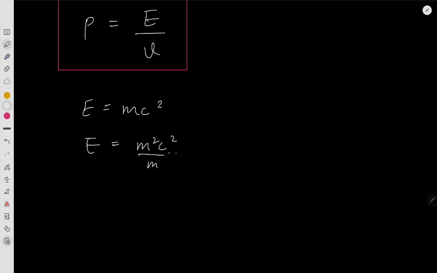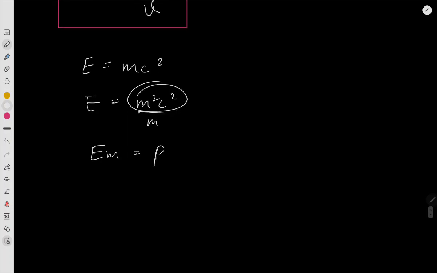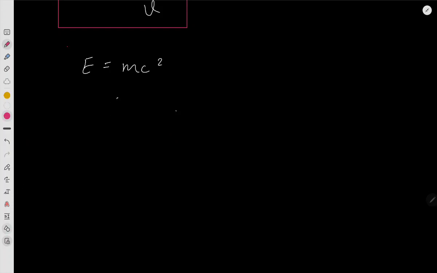So m square c square is the energy, and E by c equals p. This is just the definition. There's no such thing as a proof.